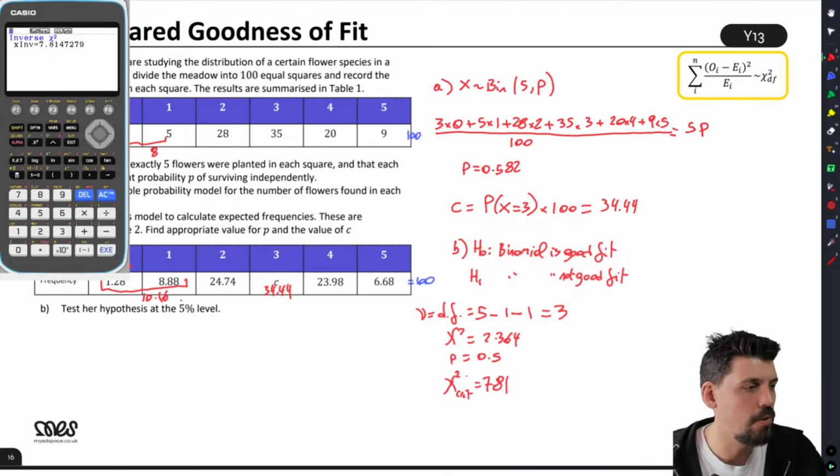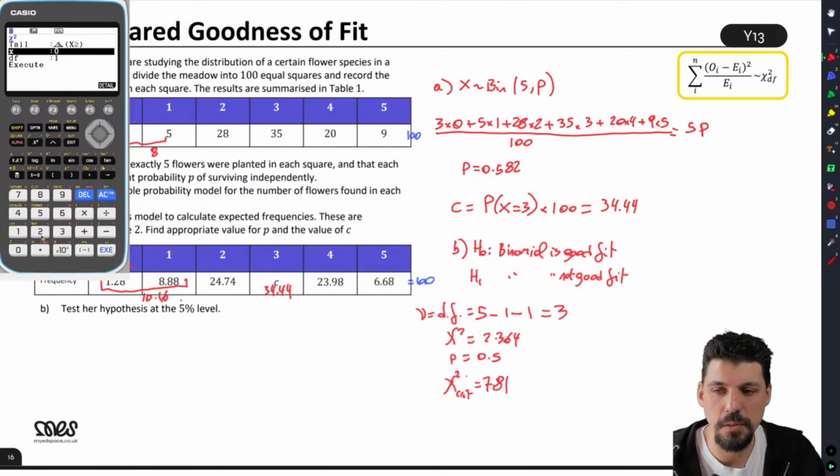Okay. We could also have gone chi-squared. Tail, you always look at the right-hand tail for chi-squared. X is 2.364. Degrees of freedom, 3.